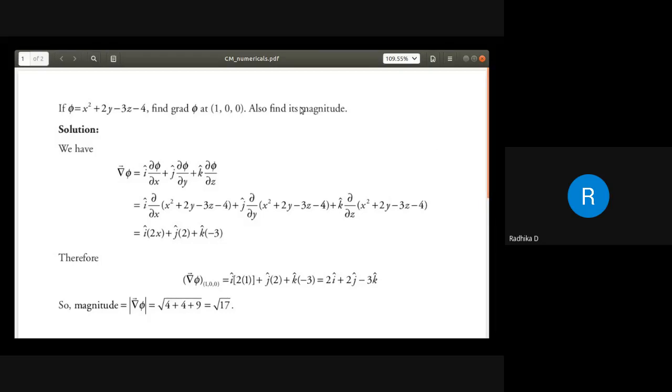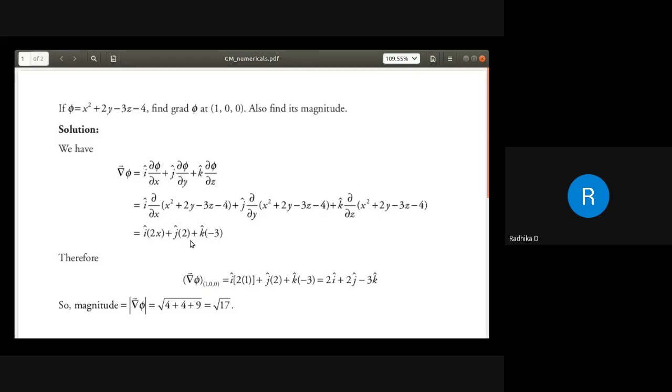Now you have got the gradient for this function phi, but you are being asked to find the gradient at 1, 0, 0. That means find the value of the gradient at x equal to 1, y equal to 0, z equal to 0. So del phi at 1, 0, 0 is i into 2 into 1 plus j into 2.